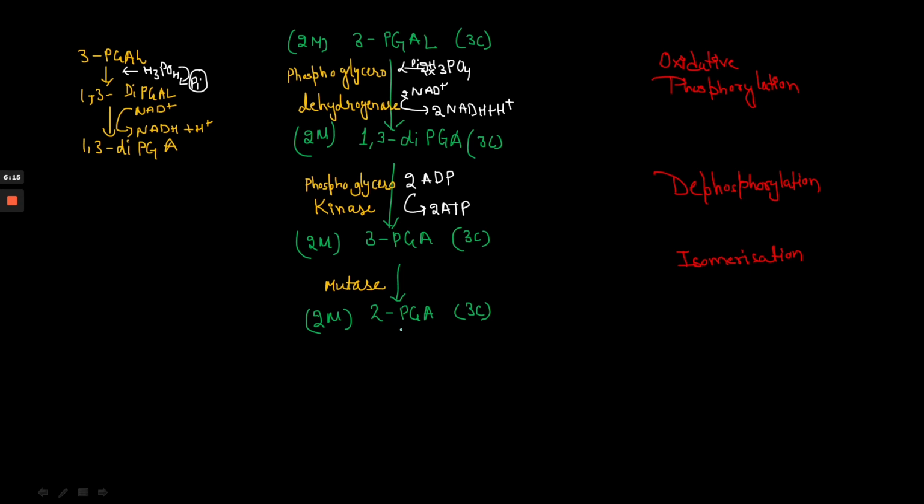Okay, and now once this 2-phosphoglyceric acid has been formed, it is again going to get converted into something known as 2-PEPA, that is phosphoenol pyruvic acid. Phosphoenol pyruvic acid, again a 3-carbon molecule. Since 2 molecules were there, 2 molecules of this PEPA are being produced. Okay, and this is happening in the presence of which enzyme? Enzyme enolase, and this enolase enzyme works by removing water.